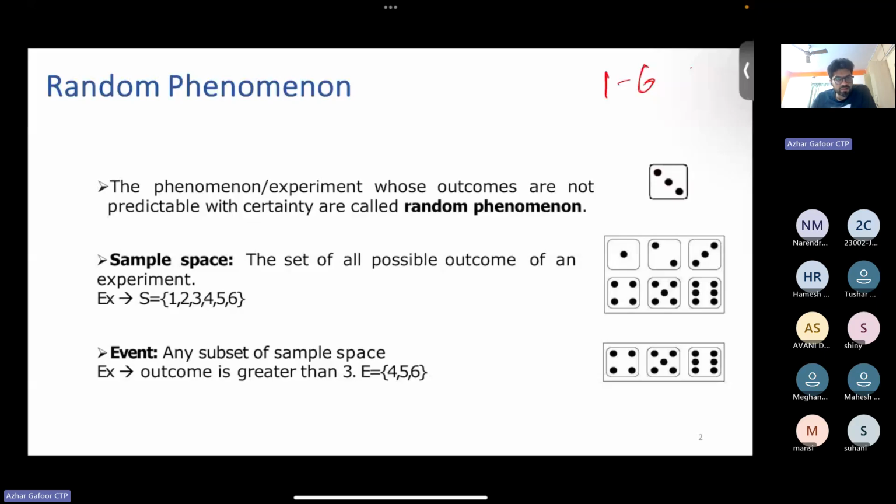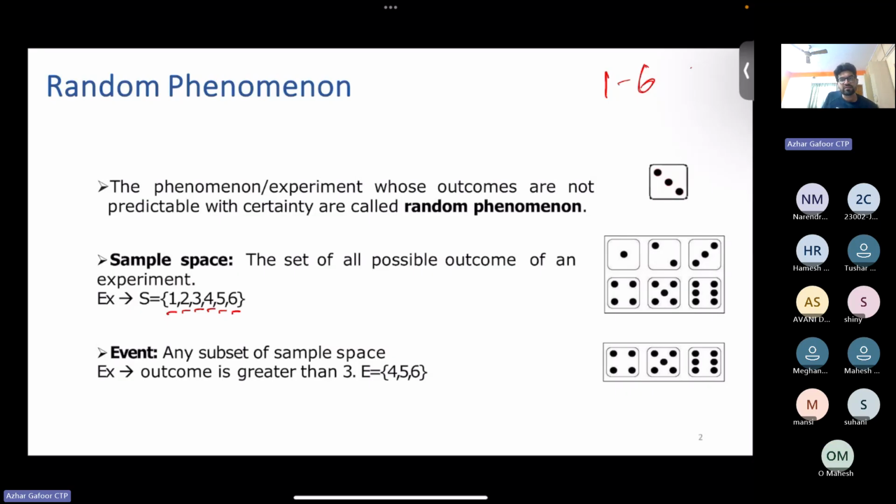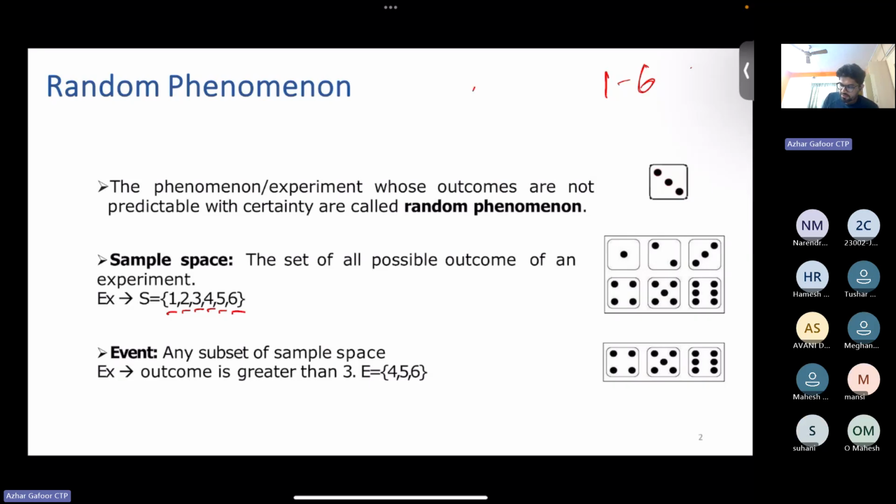In the example of rolling a die, we can get any of the numbers 1, 2, 3, 4, 5, or 6. So any number from 1 to 6 is the output. Now, can we make a four-faced die? Yes, we can.